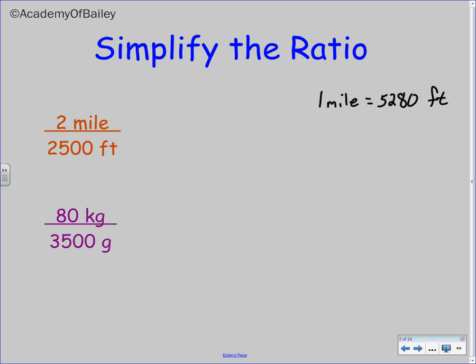And down here at the bottom, let me start over on this one. 1 kilogram is equal to 1,000 grams. Yes, that makes more sense now. So you can go ahead and try this on your own. Pause the video. I'll work it out. You can check your solution with mine.